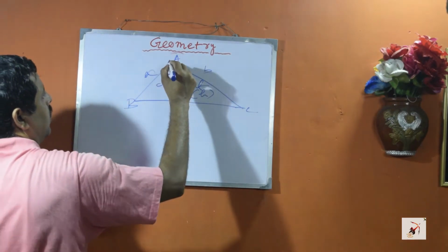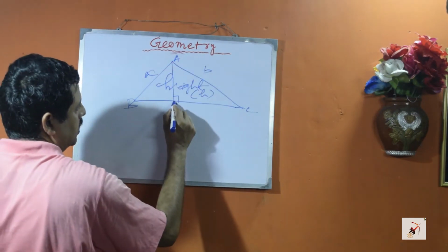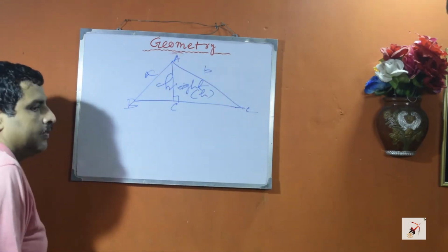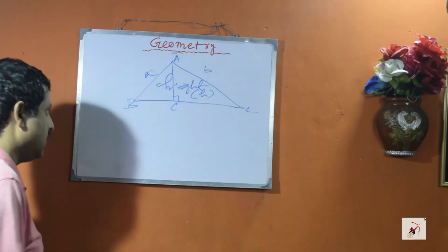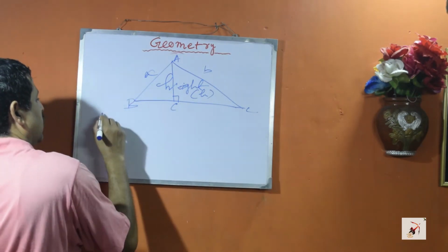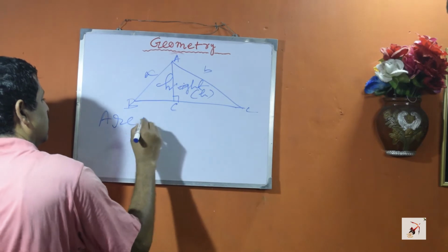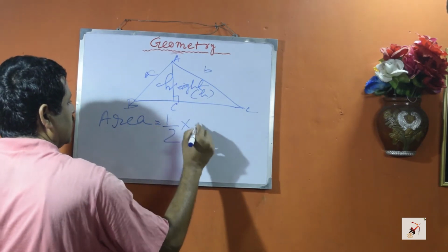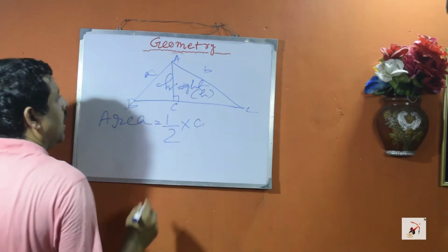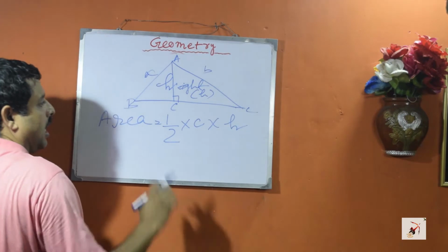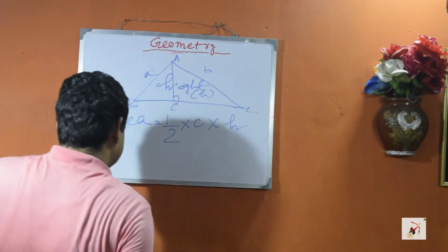The perpendicular drawn from this vertex to the opposite side BC, the length of this perpendicular is the height or altitude, and this is the base. So area is half into the base, that is BC, and height H, half of the length of base into height.